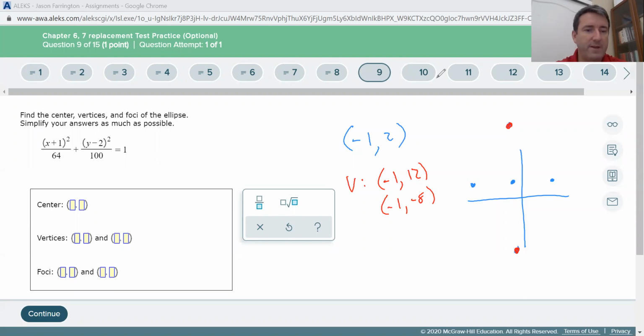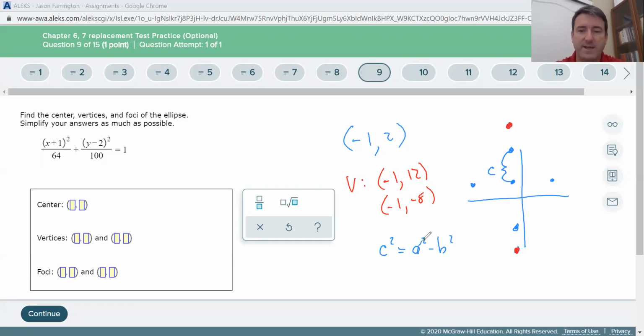And so now to find the foci. The foci are going to be on the same axis as the vertices. So the foci are going to be out here and out here somewhere. And to find the foci, we need to find this distance, which is c. And c squared for an ellipse is equal to a squared minus b squared, or b squared minus a squared.